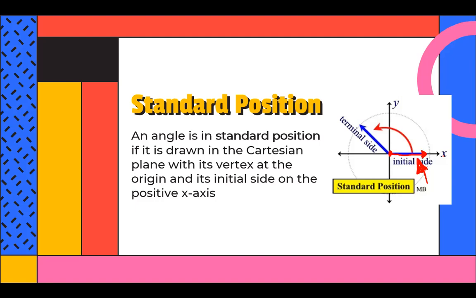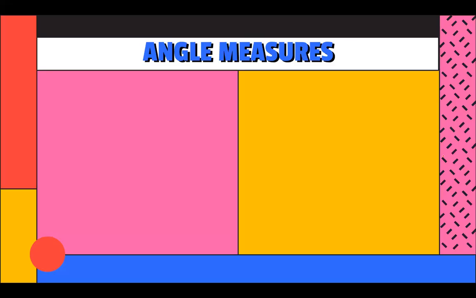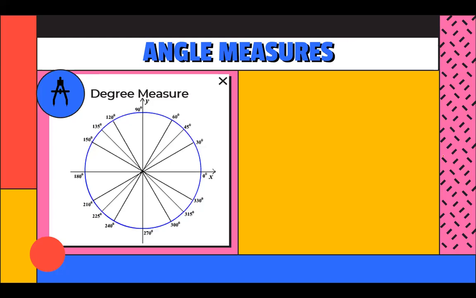Now, since we are dealing with angles, there are also ways for us to measure the values of these angles. One of the most common ways, actually the most common way, is with the use of our degree measure.